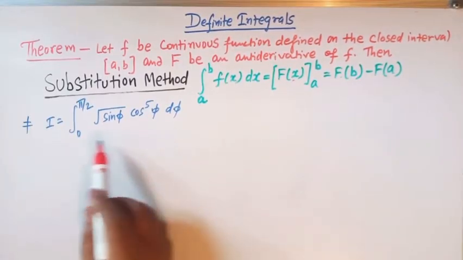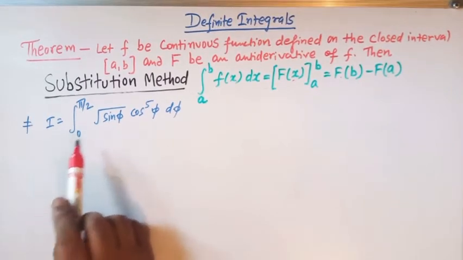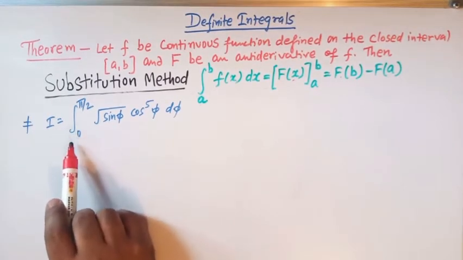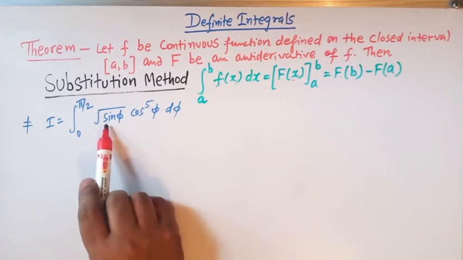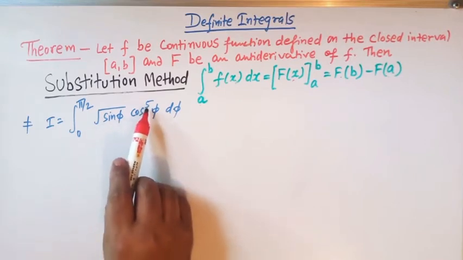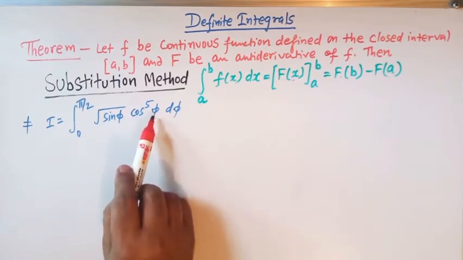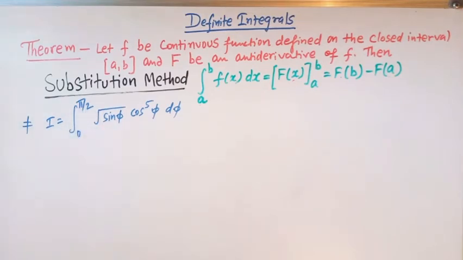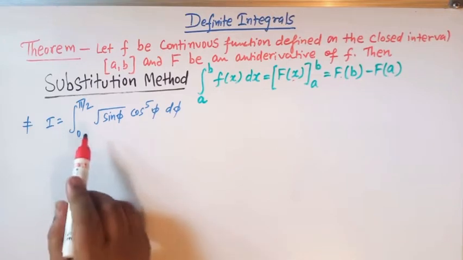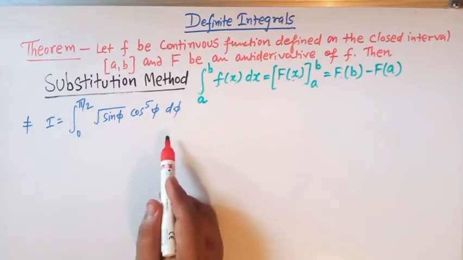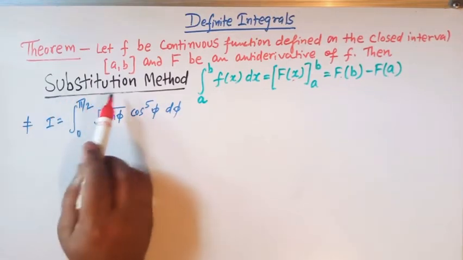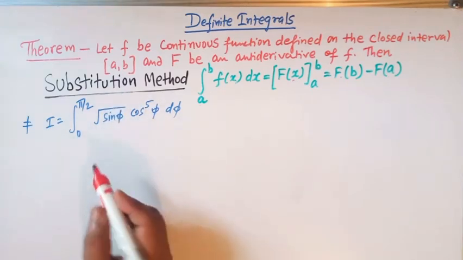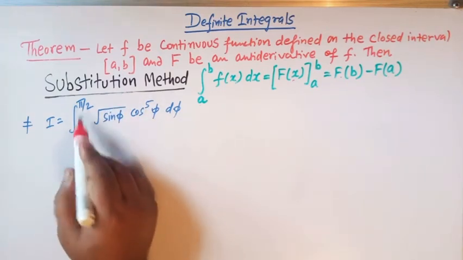Now viewers, let us take this problem. Here we have to find the integral of square root of sine phi times cos to the power 5 phi, from the limits 0 to pi by 2. We'll solve this definite integral by the method of substitution, and we'll also change the limits.